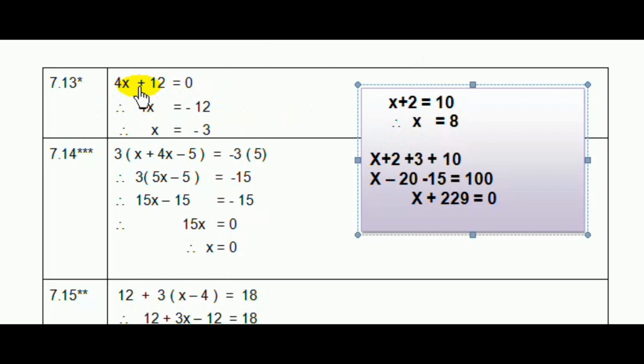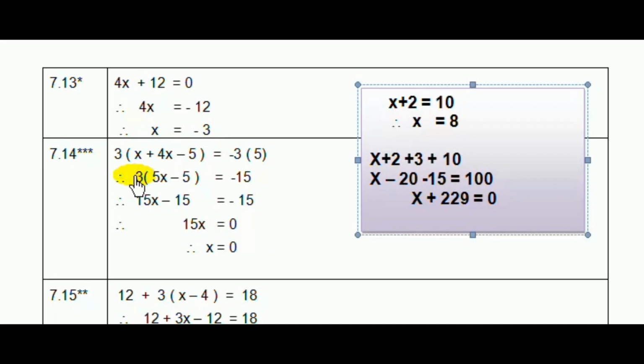Take the 12 away, subtract 12 on each side, then you'll get 4x equals minus 12 with a therefore dots in front. Then you divide by 4, therefore x will be minus 3. It's not 3 different equations. The one is depending on the other one.